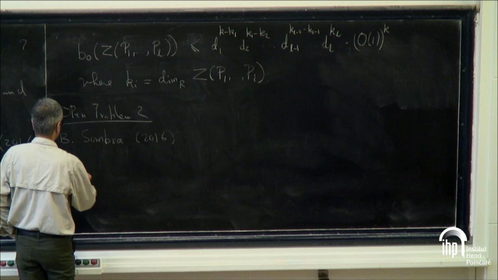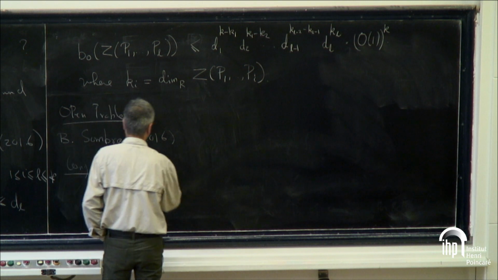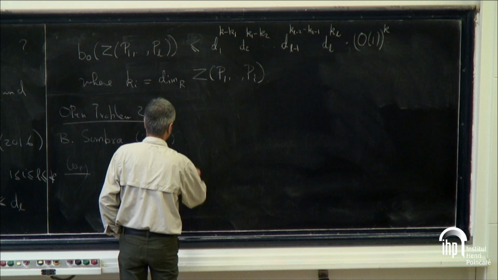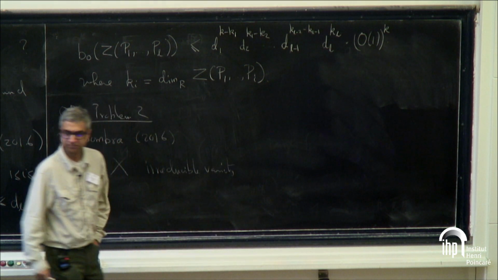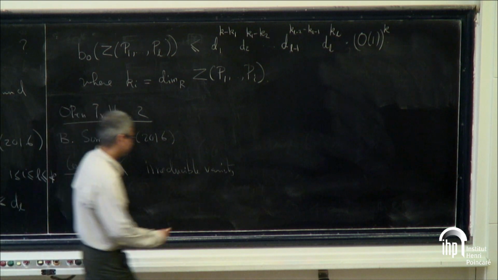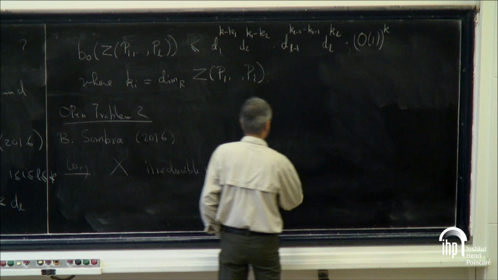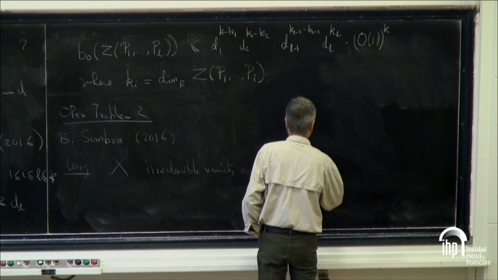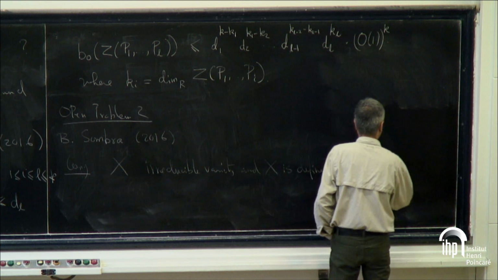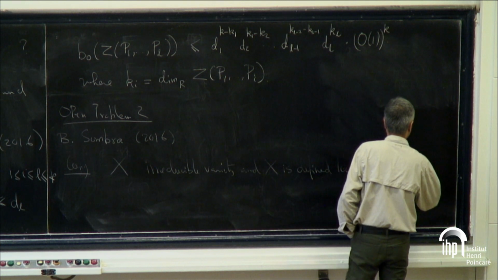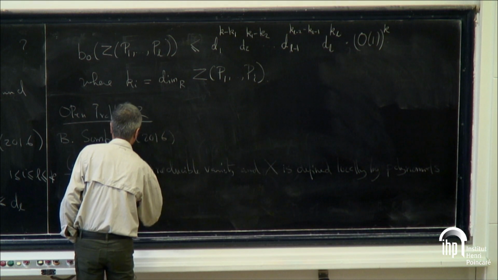So we made this conjecture: suppose X is an irreducible variety, and suppose that X is defined locally by polynomials of degree delta.